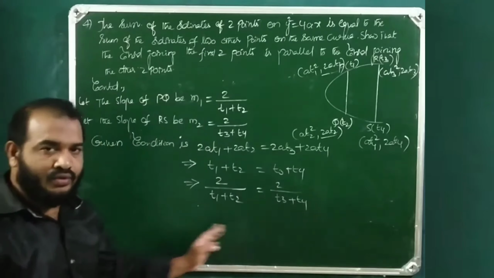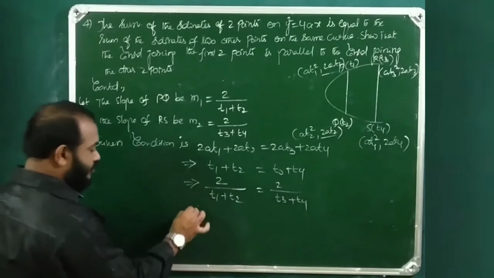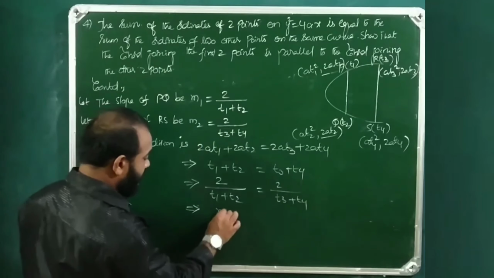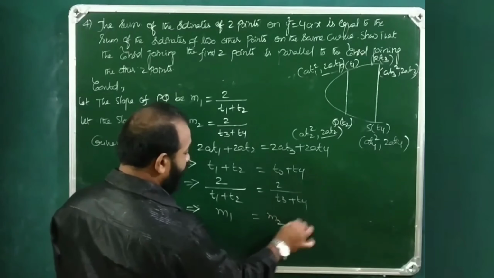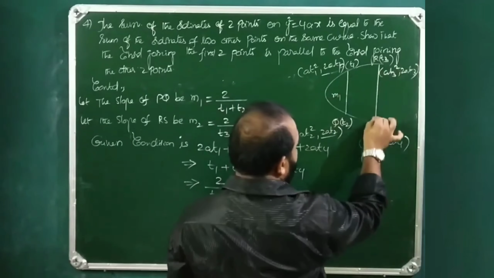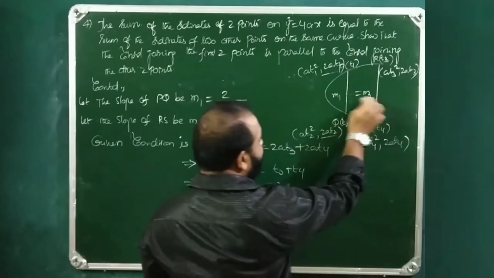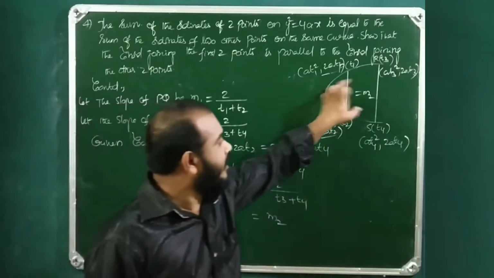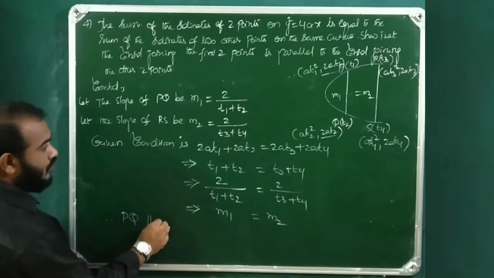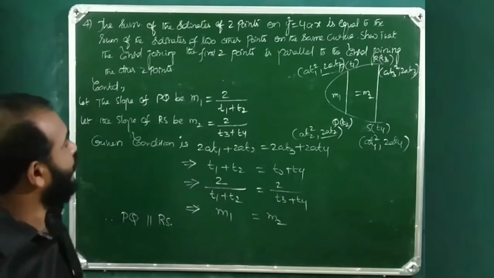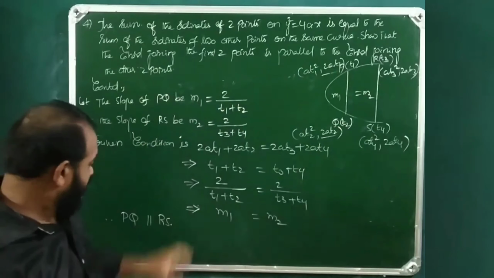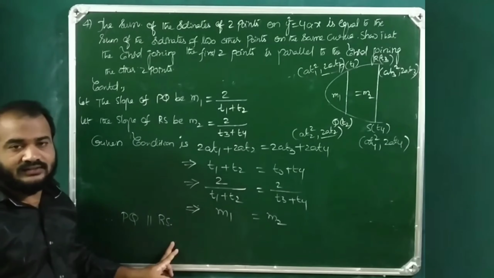Can we do this? If you carefully observe, what is 2 by t1 plus t2 that we got earlier? M1. And what is this? M2. That means the slope of this, M1, and the slope of this, which is M2, if two slopes are equal, they are parallel to each other. Therefore, PQ is parallel to RS is what we need to prove. The chord joining the first 2 points is parallel to the chord joining the other 2 points. So PQ is parallel to RS.